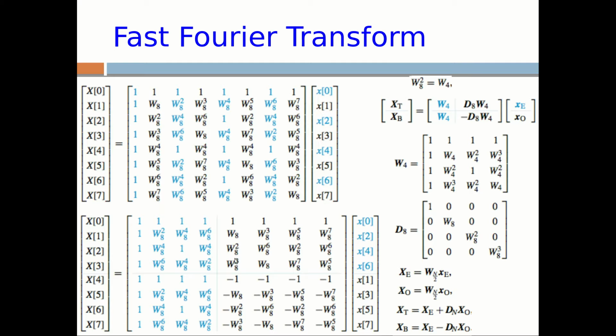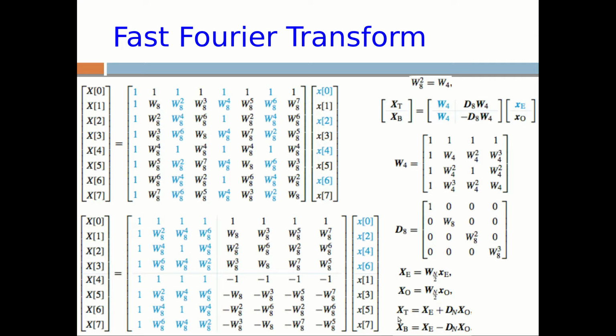These 4x4 elements can be represented as a diagonal matrix multiplied by W4, where this is W4 and this is the diagonal matrix. A special property of multiplication with a diagonal matrix is that the entries of the diagonal only affect the row to which they correspond. So this gets multiplied only to the first row, this gets multiplied only to the second row, and so on.